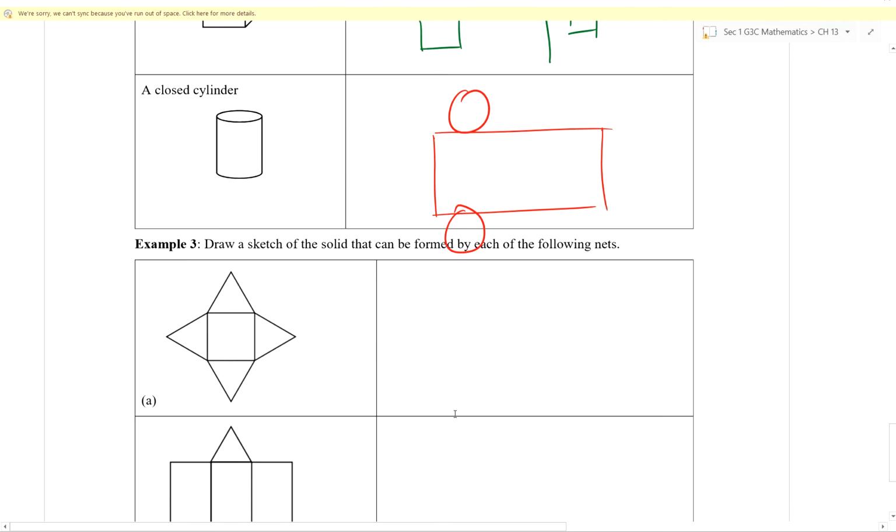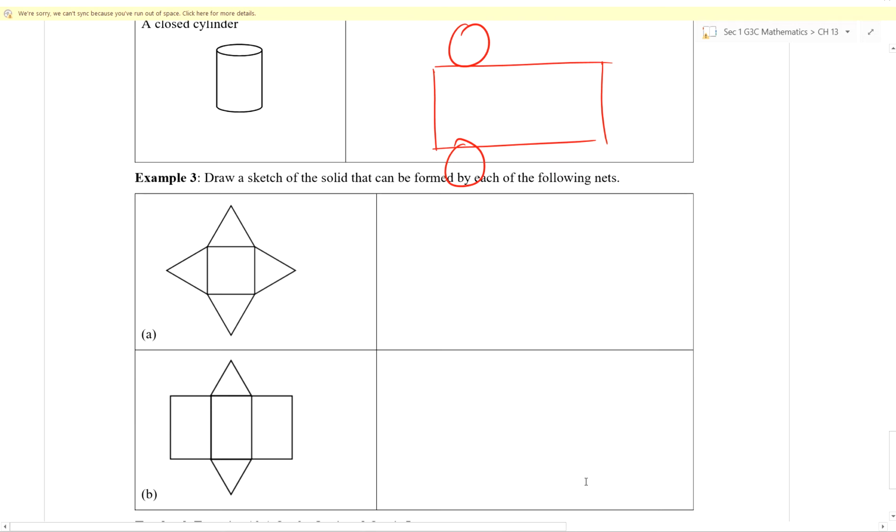For example 3, we are supposed to sketch the solid that can be formed from this net. You see that this is a square base and all the triangles can be folded inwards to form a pyramid. To draw a pyramid, we can start off with a rhombus, because if we were to look at the square from a 3D view, we will see a rhombus.